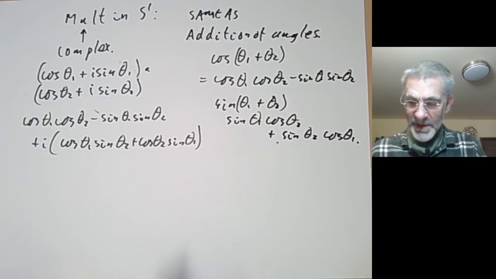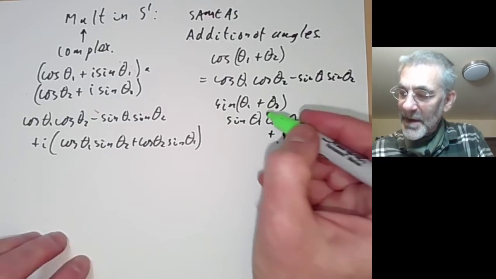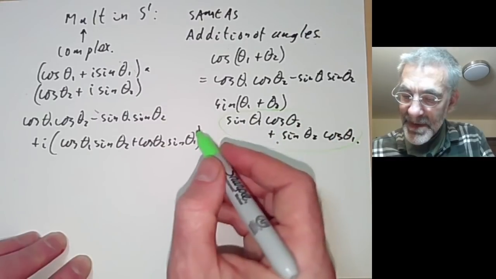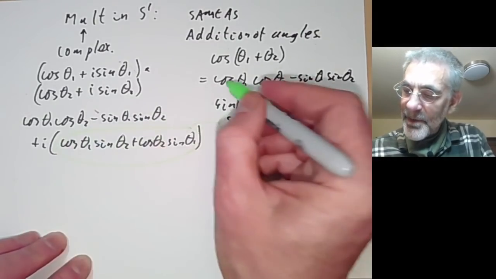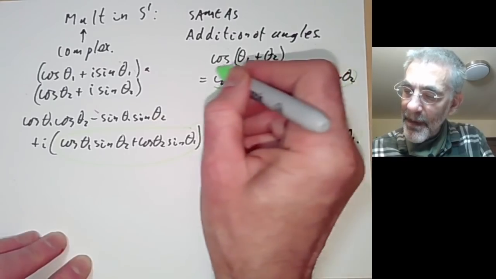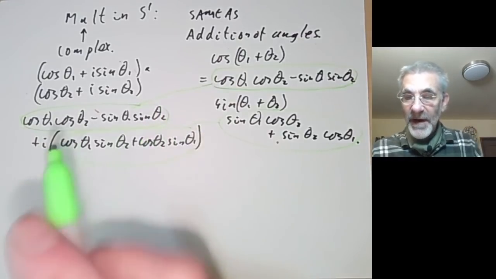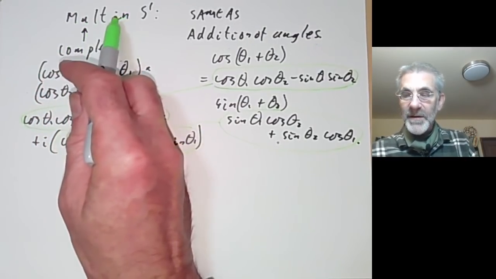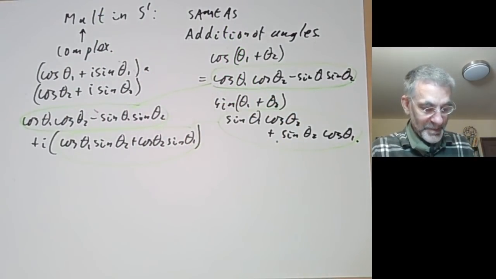It's very easy to get these the wrong way round. And now, if we inspect these, we see that this expression here is the same as this expression here, and meanwhile this expression here is just the same as this expression here. So this verifies that multiplication of complex numbers on the circle is the same as adding their angles.